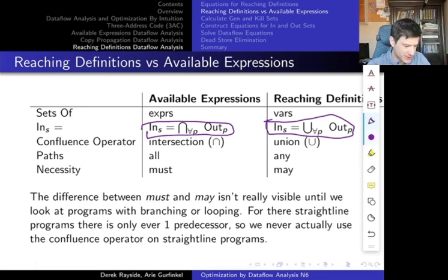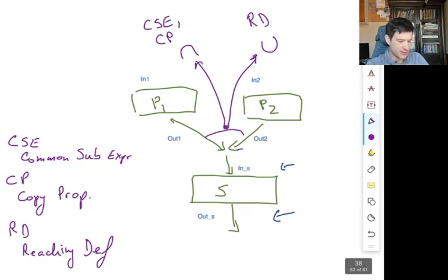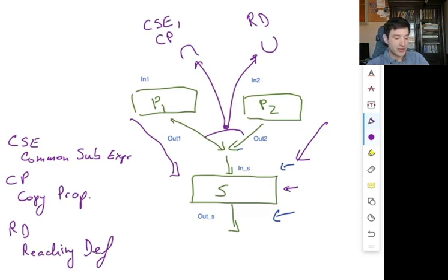If I'm a statement right here, and I want to know what expressions are available to me, well, I don't know how control gets to me. Either it goes through P1 this way, or it goes through P2 this way. If I want to say that a certain expression is available, it should be available no matter which way I get to S. If something has to be available no matter which way we get to it, then that's an intersection. We only can use something if it's available on both sides.